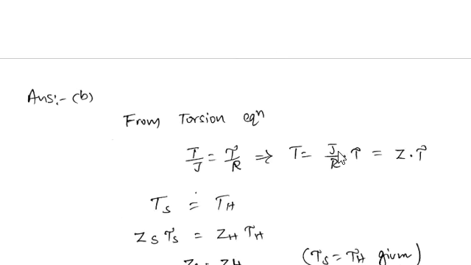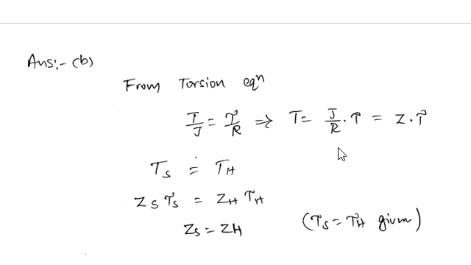So from the torsion equation, we know T by J is equal to tau by R. From that, T is equal to J by R into tau, and we know J by R is the polar section modulus.